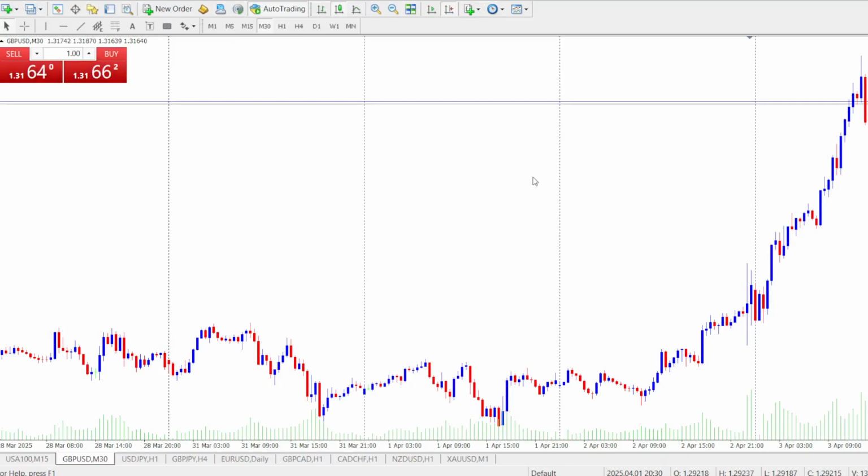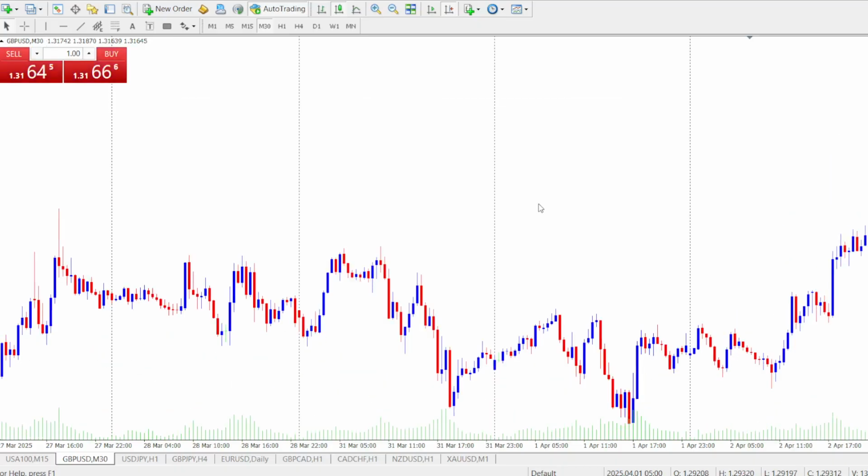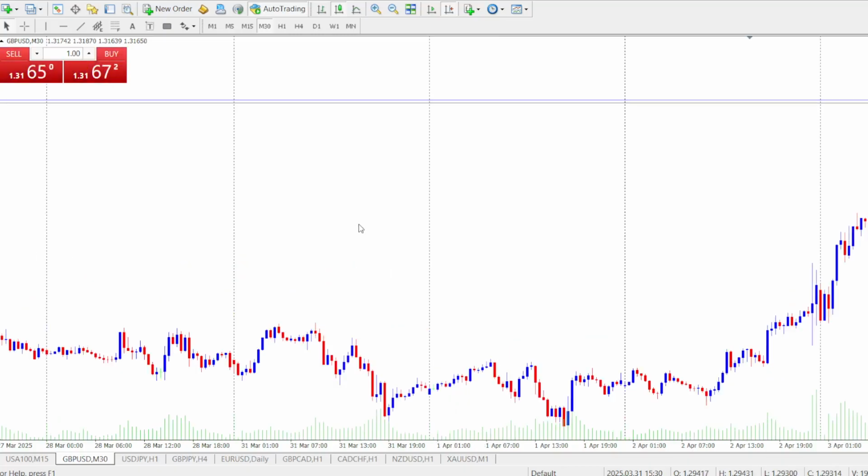Unlike lower time frames that have a lot of market noise, the 30-minute chart helps filter out weak moves while still offering plenty of trading opportunities. One of the biggest advantages is that breakouts on this time frame tend to have stronger momentum compared to smaller time frames. This means we get fewer false breakouts and better trade setups.